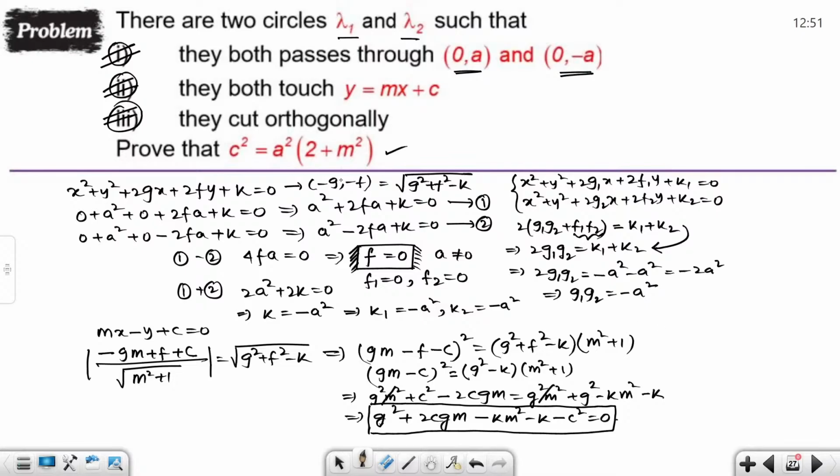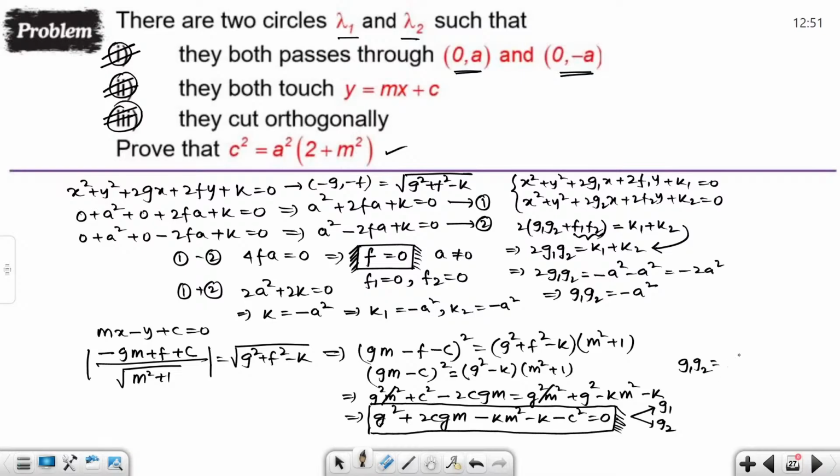Now to prove this, I have to remove this g1 g2. But how will I remove g1 and g2? Please refer to this equation. This is basically a quadratic equation in g. So definitely we are going to have two values of g, one will be g1 and another one will be g2. Now what will be the product of the two roots g1 and g2?